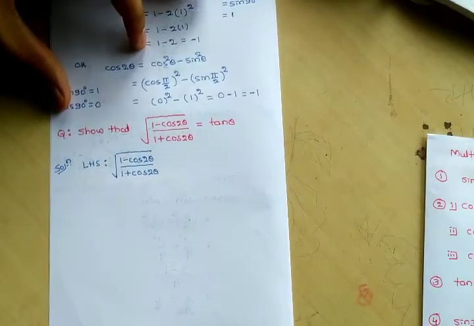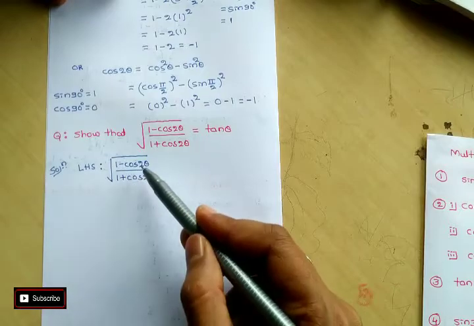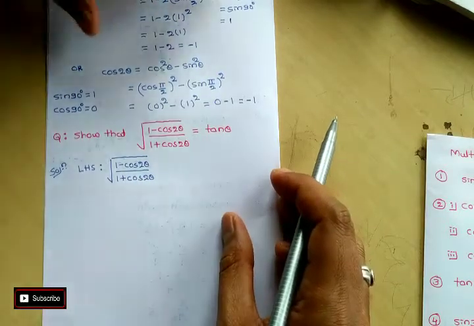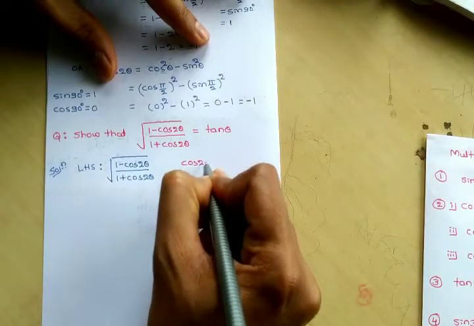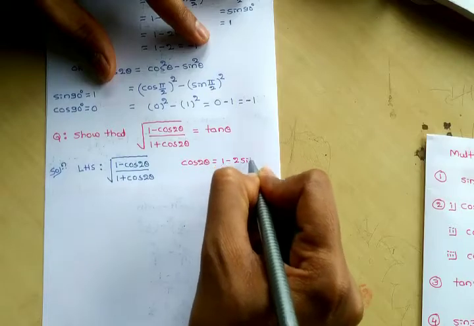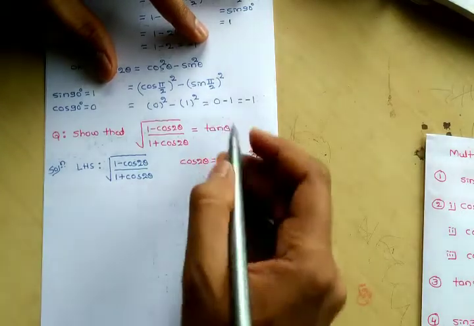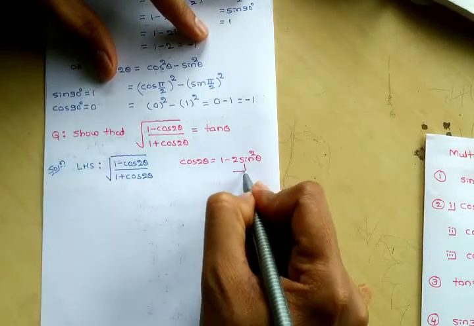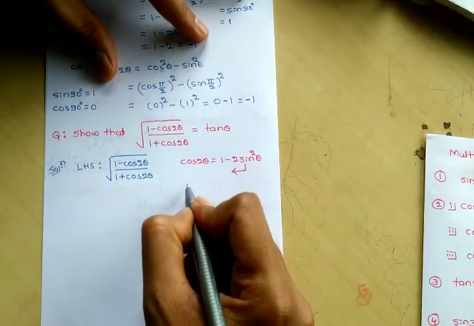So now see, to simplify this you need to apply the multiple angle formula. So you know this formula, correct? What is that formula? Cos 2 theta is equal to 1 minus 2 into what here? Sin square theta. So this is the multiple angle formula. In this formula, if I shift this minus 2 sin square theta to the left hand side, minus becomes what here?